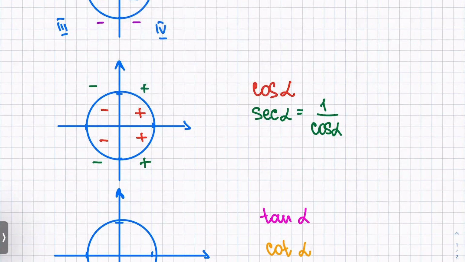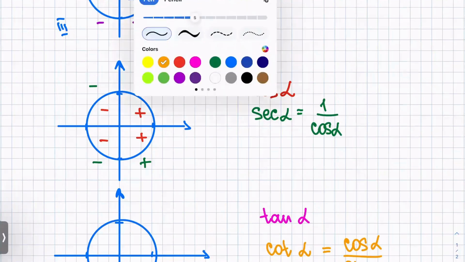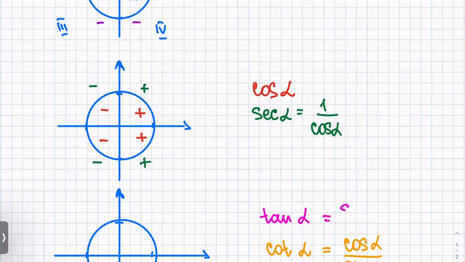To derive values for the tangent and cotangent function, it will be very easy for us because we know how to express tangent and cotangent through sine and cosine. So cotangent is exactly the cosine alpha over sine alpha, and tangent is the sine alpha over cosine alpha.